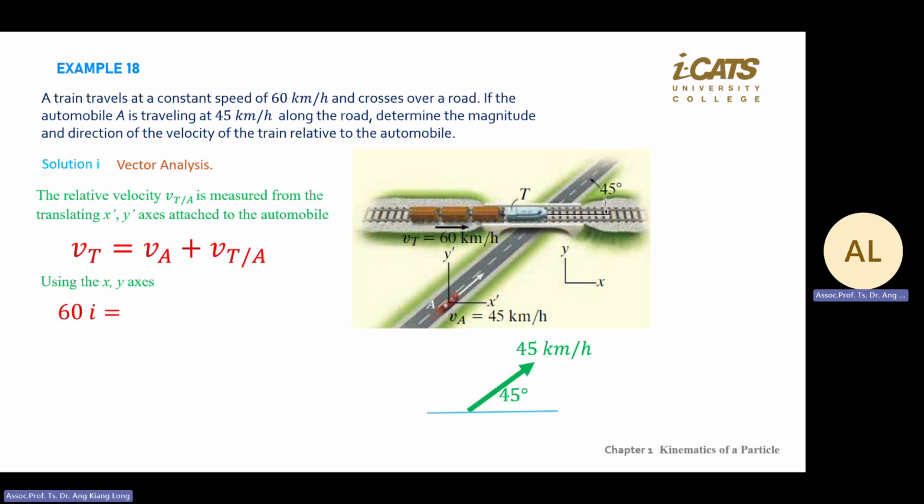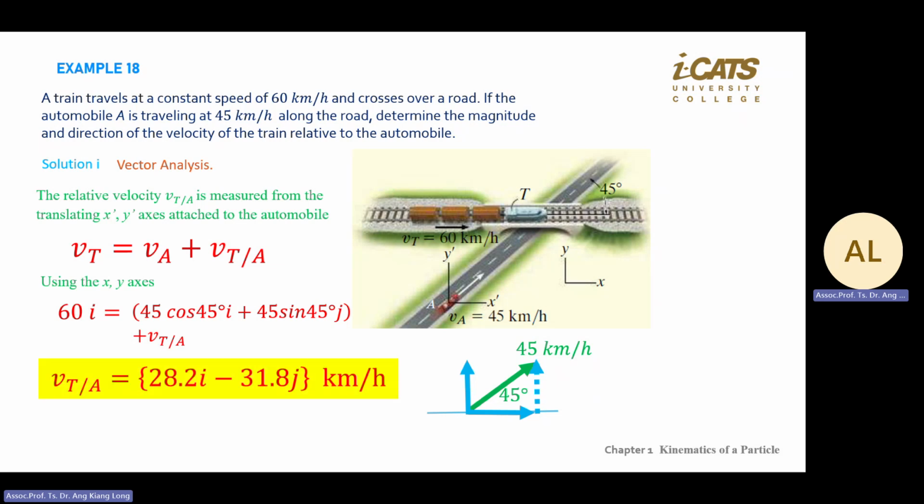Okay, so on the screen here, I give you some working here. All right, so who don't understand how you get this one? How to get the second line here? Who don't understand? Okay, now? All right. So then you rearrange the equation. VT stroke A is the question want you to solve.